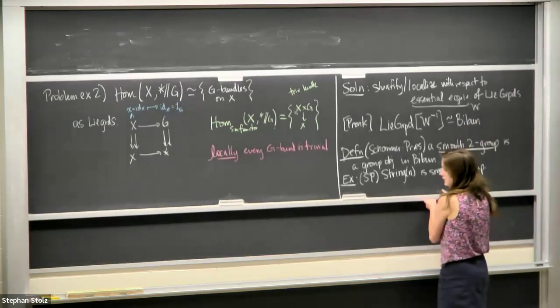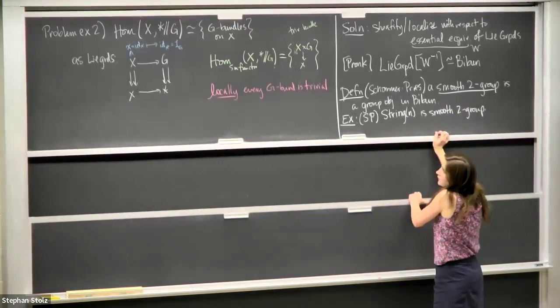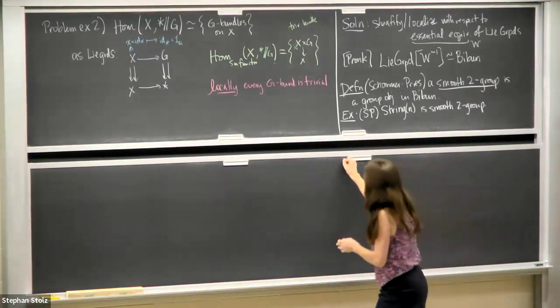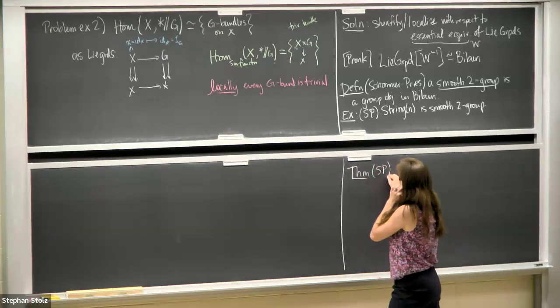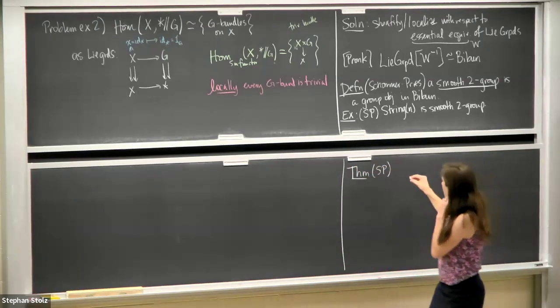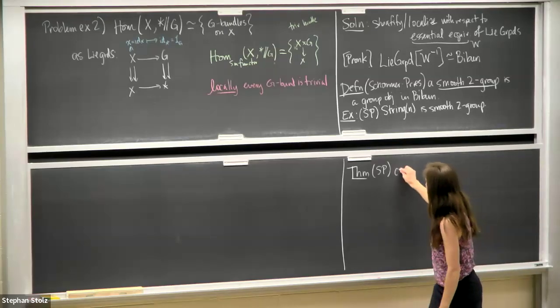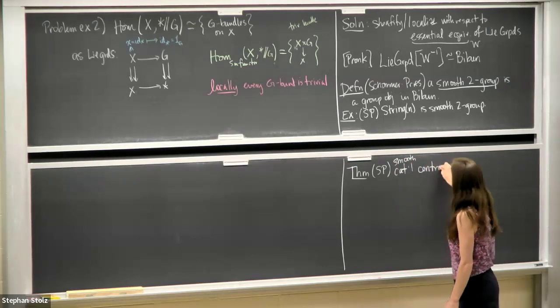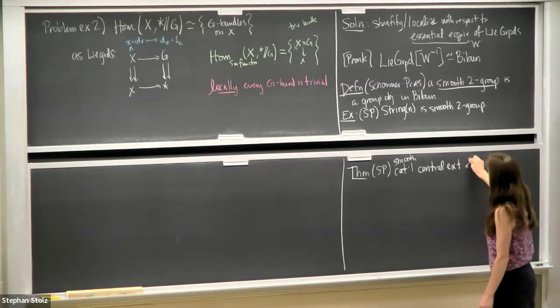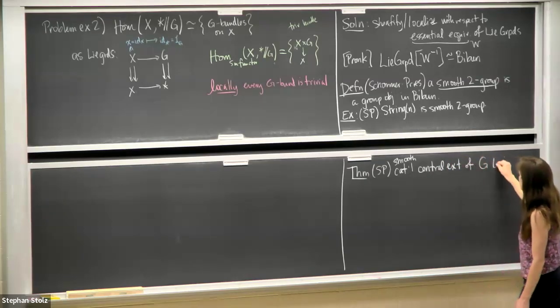And it sits in this class of examples, here from Chris: categorical central extensions of a Lie group.